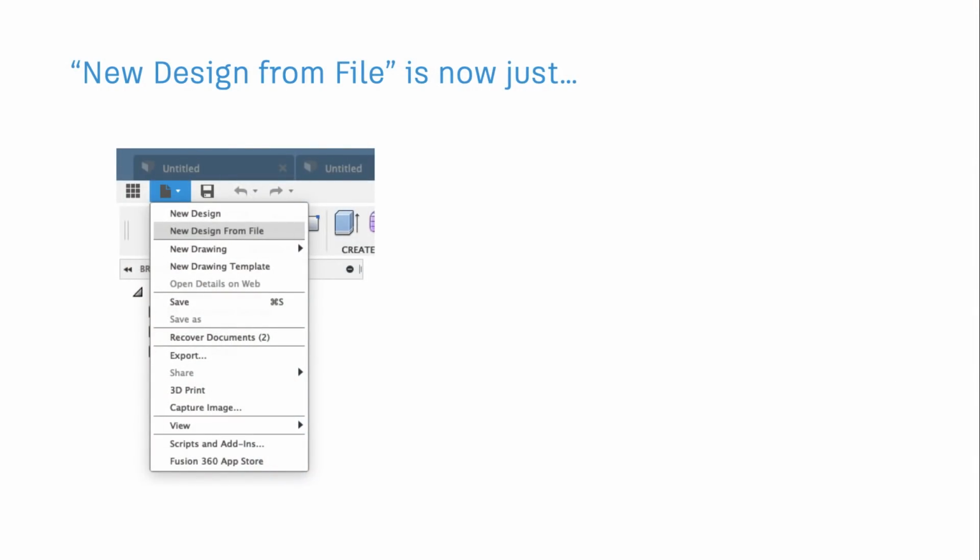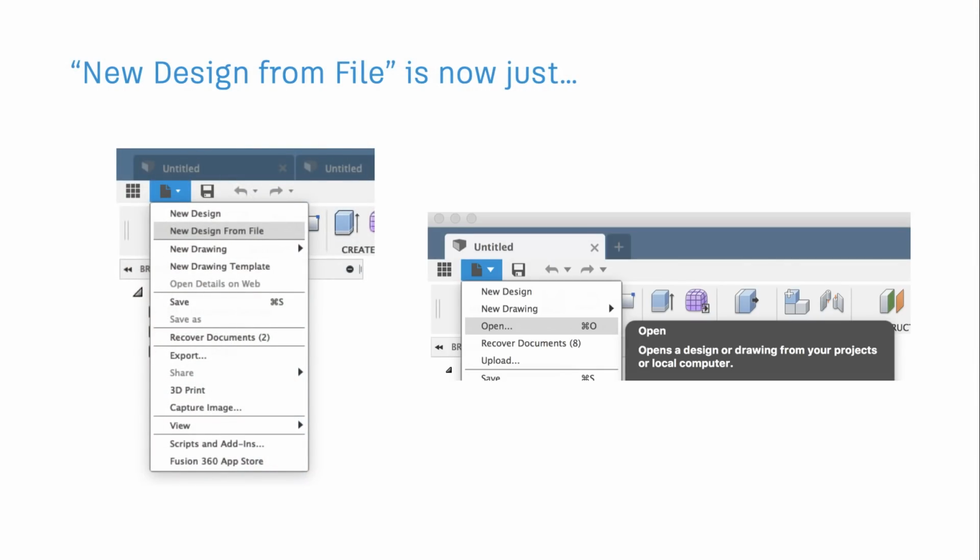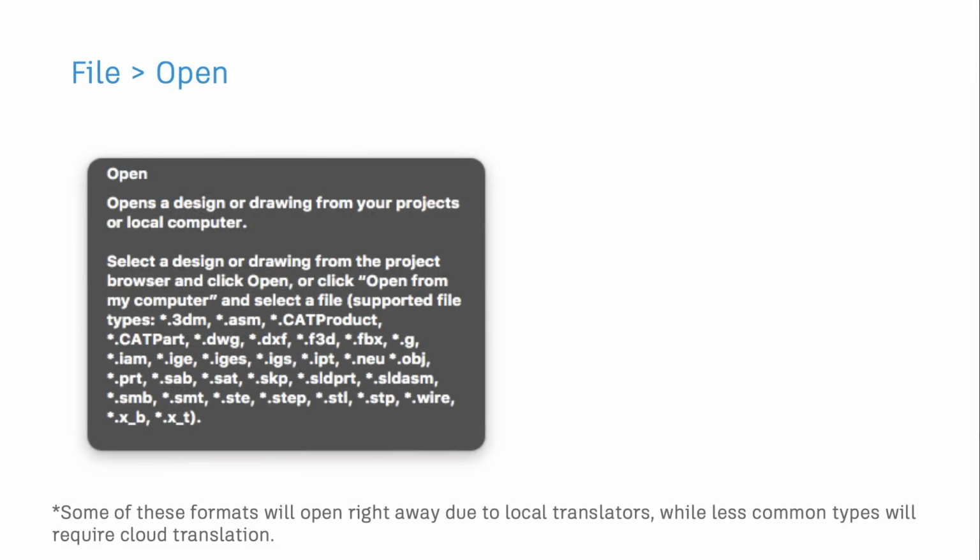Unfortunately, there was no File Open. There was only New Design from File. We recently changed that in this update to instead show you the File Open that everyone is so familiar with. With that, we've really simplified the approach for anyone looking to bring files in from other software into Fusion 360.